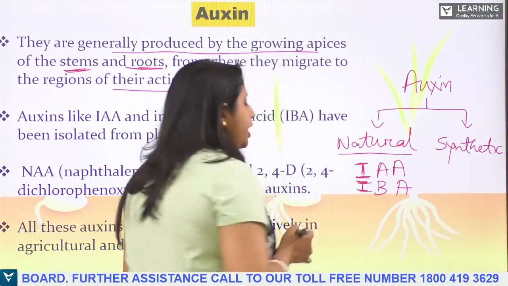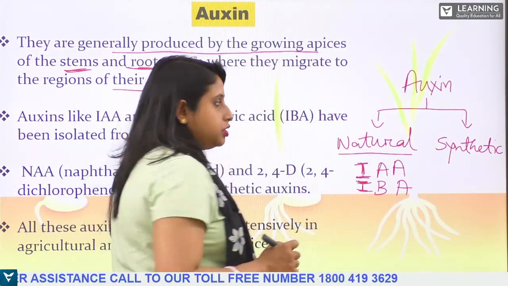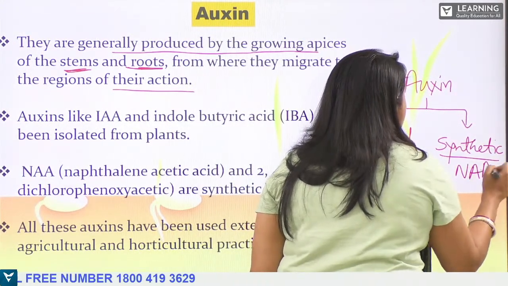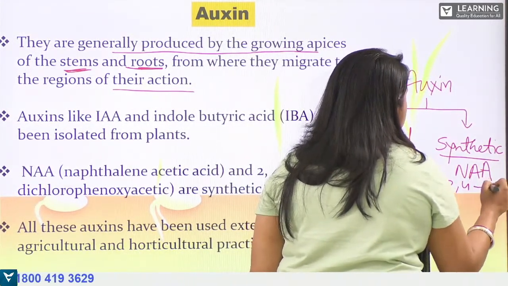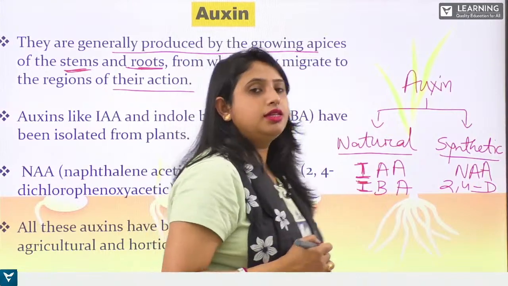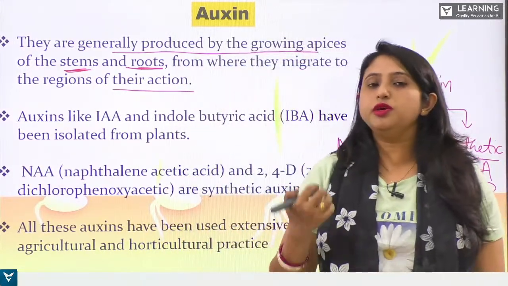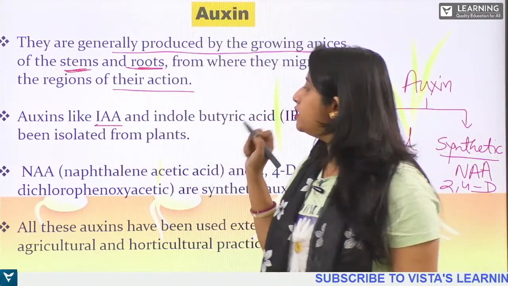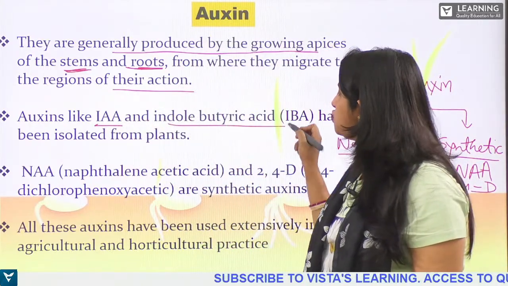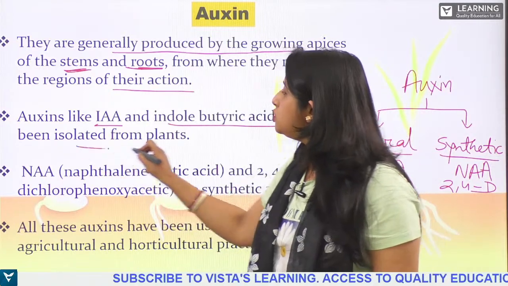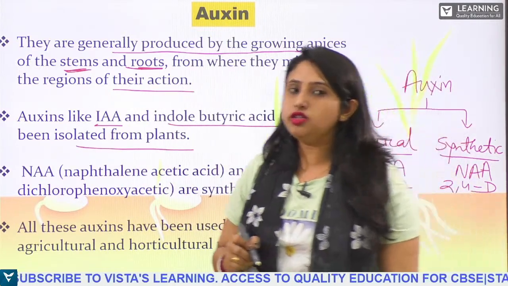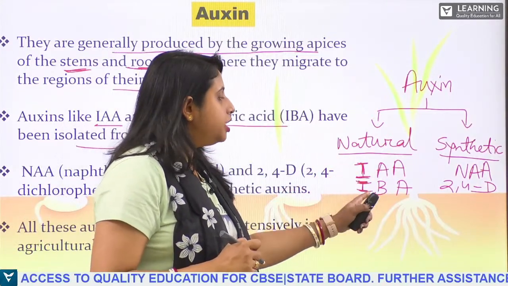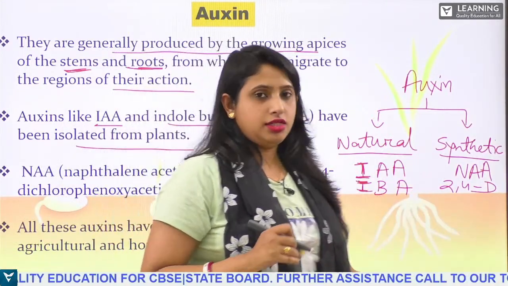These are the natural plant growth regulators, whereas synthetic ones are naphthalene acetic acid and 2,4-D. 2,4-D is a synthetic auxin, prepared by man, that is man-made. Auxins like indole acetic acid and indole butyric acid have been isolated from plants.